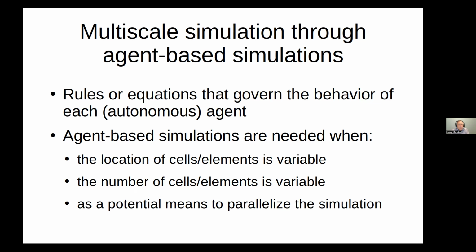You could do it, but it would be really cumbersome. Also, if the number of cells is variable, for example, you can have cells that are dying and cells that are dividing and forming new cells. So in that method, the number of cells is also not fixed. Therefore, you would have to add or remove differential equations to the system, and so that's also not very easy to do.